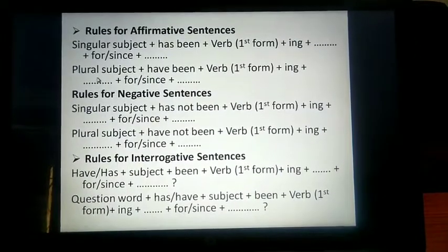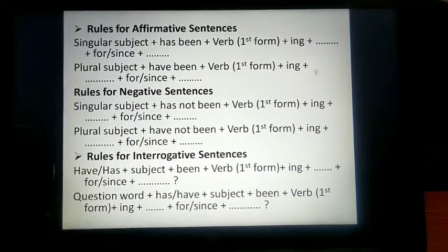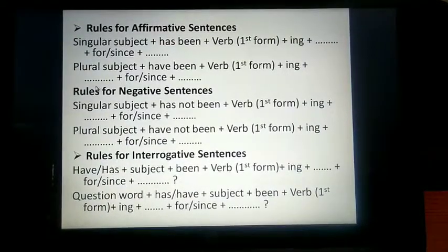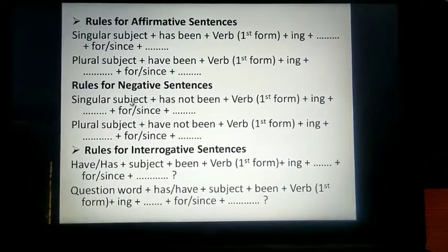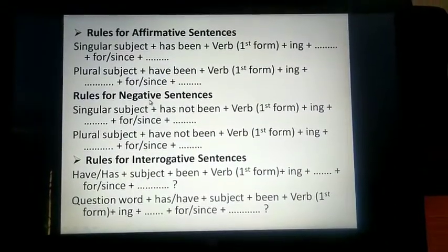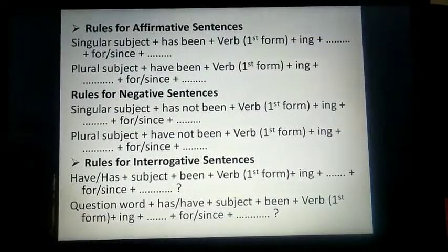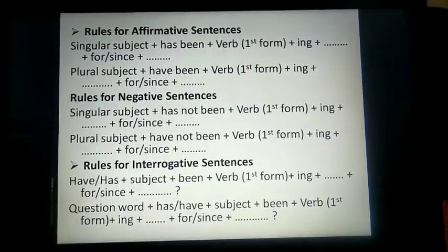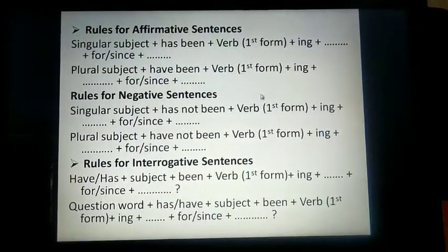If the subject is plural, then have been plus first form of verb plus ing plus for or since plus object. Example, I am giving you: Arpit has been sleeping since 3 o'clock. Then, they have been running for 3 hours.